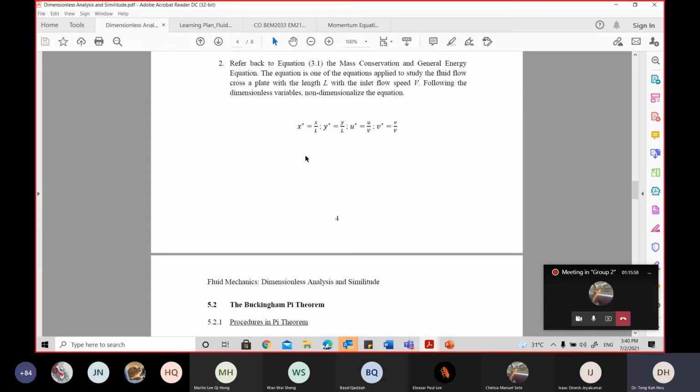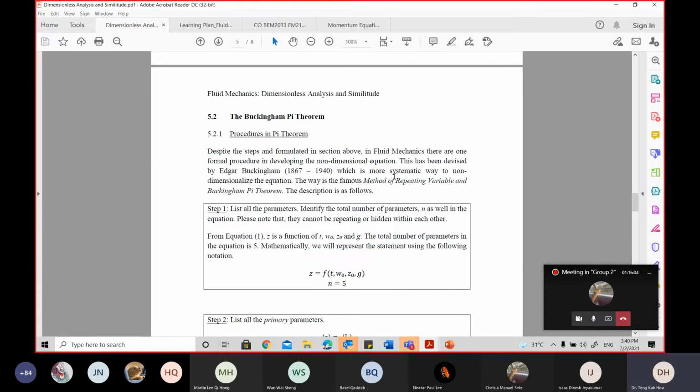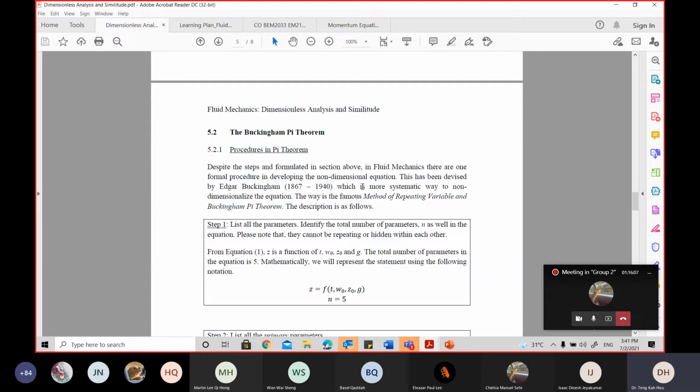But when it comes to complicated equations, when they involve a lot of different variables and parameters, you're going to use the so-called Buckingham Pi theorem, or the method of repeating variables, to check and derive that the variables you have are dimensionless.